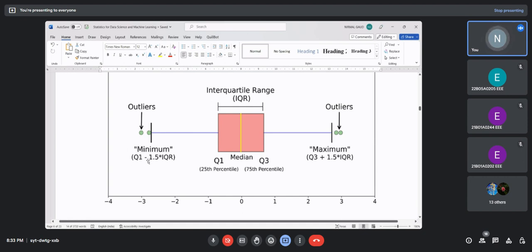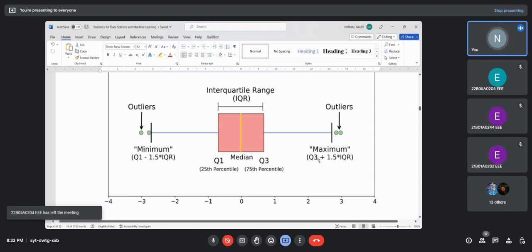The minimum value is Q1 minus 1.5 into IQR. This is expected to be the minimum. This black line, the minimum value, is Q1 minus 1.5 into IQR. Whatever values are below this are called outliers.